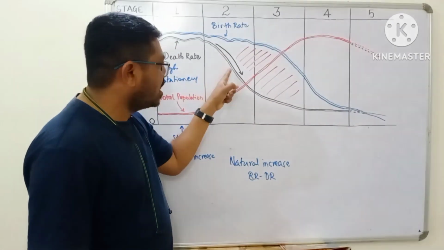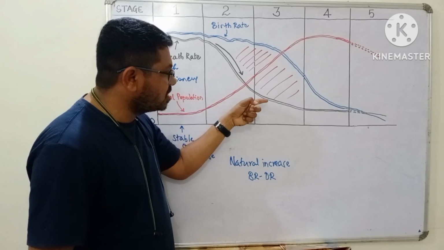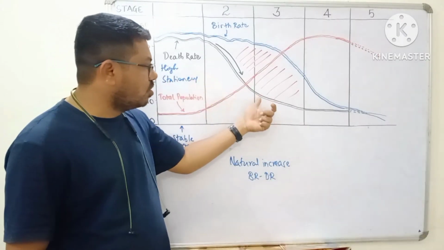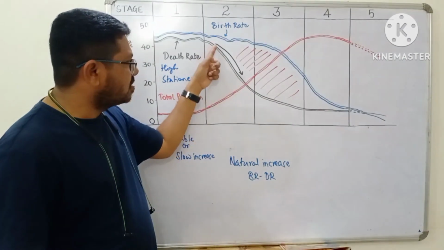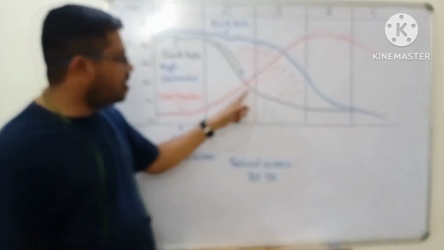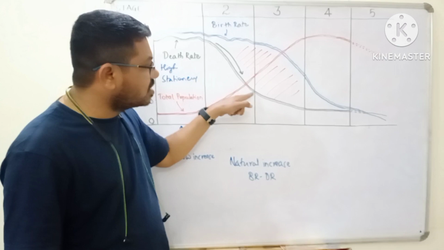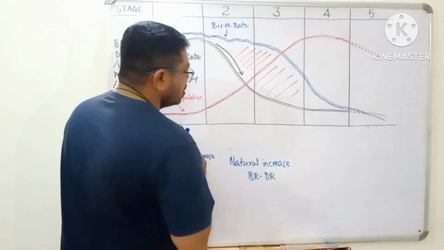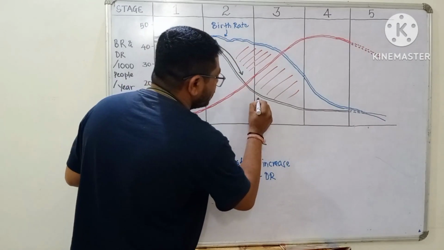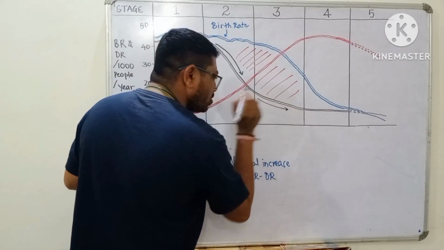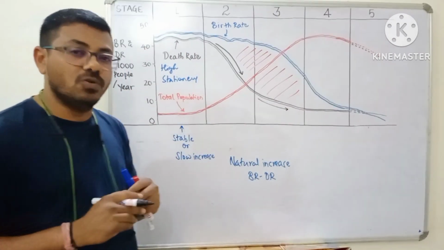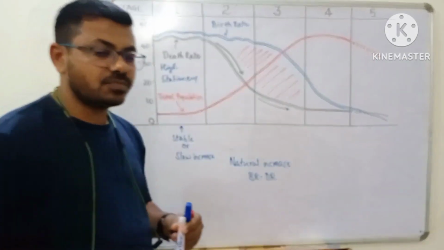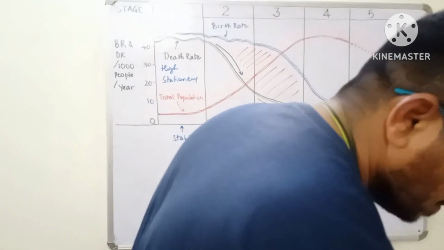So death rate kept on decreasing, but in the third stage you can see the death rate decrease becomes slow. This is slow decrease, this is rapid decrease, rapidly falling. Here you can see it is falling but slow decrease, right? So this is the change. This arrow is rapidly falling, here this is also falling but it is slow.